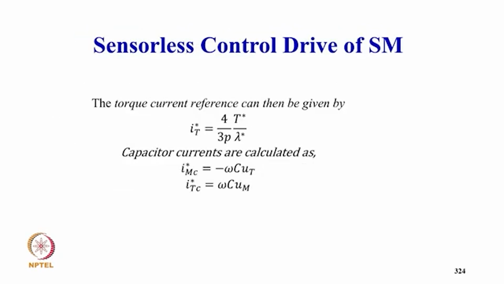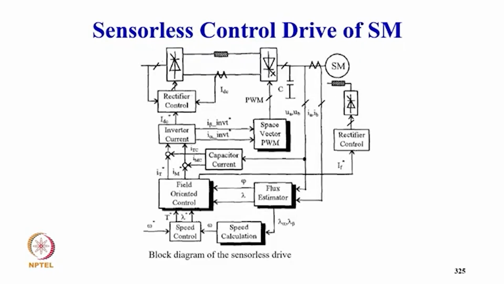The torque current reference can be IT star equal to 4 by 3P times T star upon lambda star, and the capacitor current references are IMC star equal to minus omega C UT, and ITC star equal to omega C UM. And this is typically the block diagram of the current source inverter vector control drive.